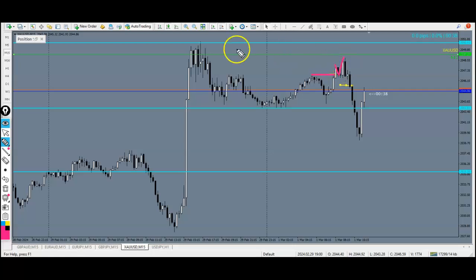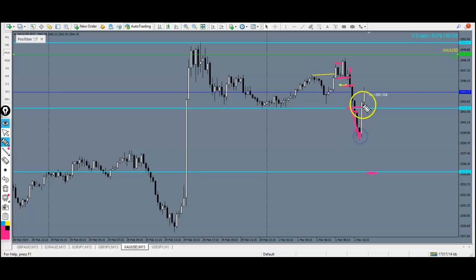We were expecting price to get to these highs, but it did not do that. Then it broke. If you watch it carefully, this is a break, and then this forms a new structure. So at the break of this candle, at the close of this candle, we could have entered there, but I did not enter there. I entered somewhere here, expecting price to come all the way to this level. So I closed that trade once it got somewhere here.